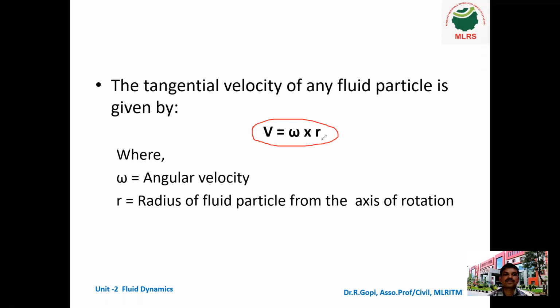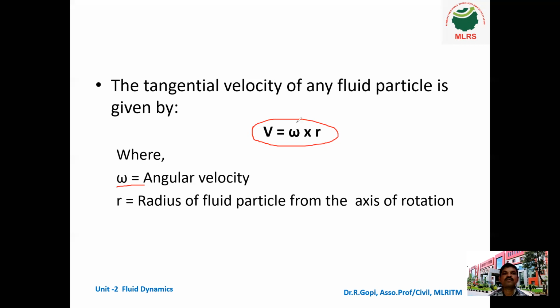Omega into R. This omega term is the angular velocity. R is the radius of the fluid particle from the axis of rotation. Suppose I need the velocity of some specific fluid particle, it is measured from the axis of rotation, which is mostly the center. The fluid rotates about the center point, and the distance from the axis of rotation to the fluid particle is the R value.